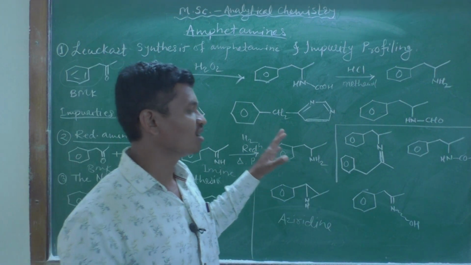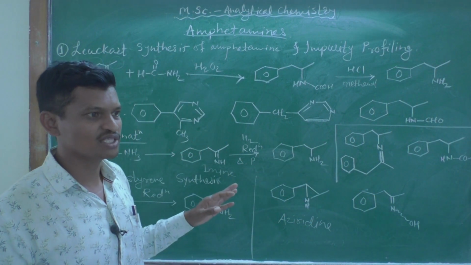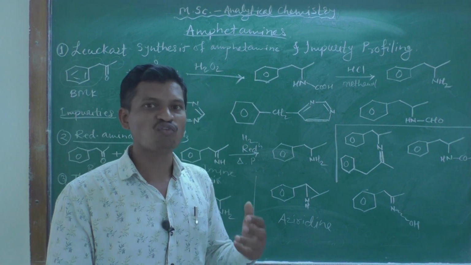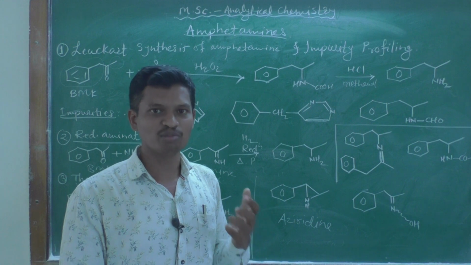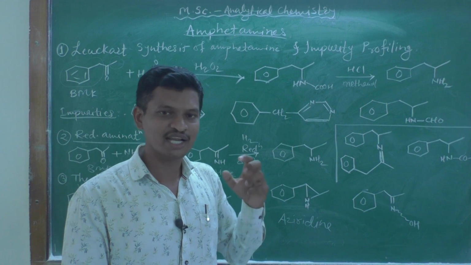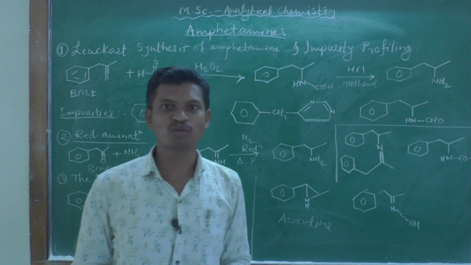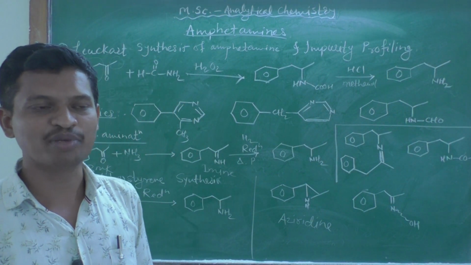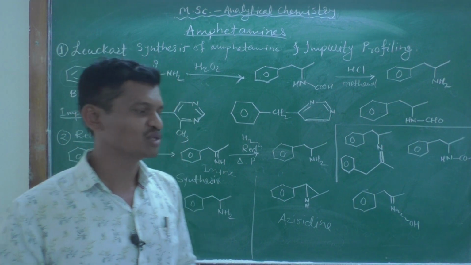Our main point is that while doing this synthesis, we have to see which different impurities are formed, and that's why impurity profiling is an important aspect in the synthesis of amphetamines in the laboratory. Okay, I think you got it.